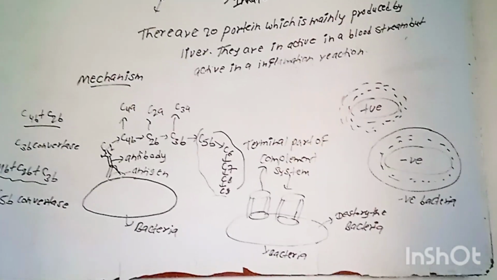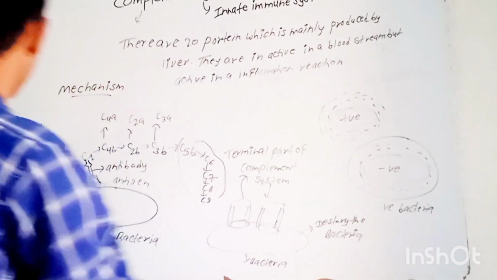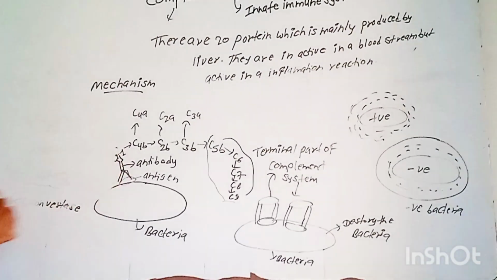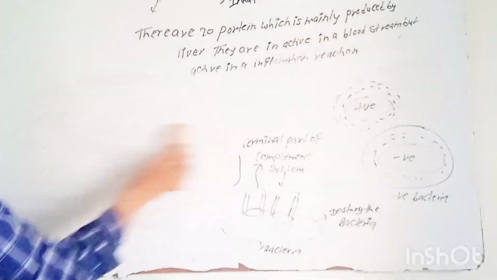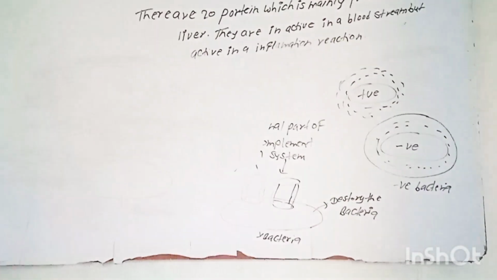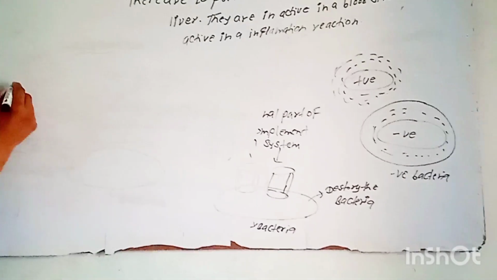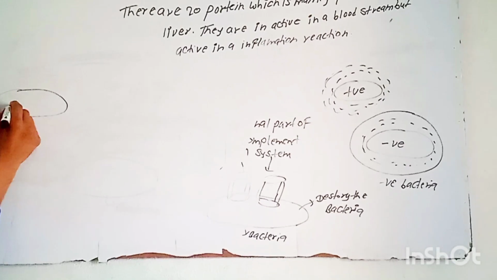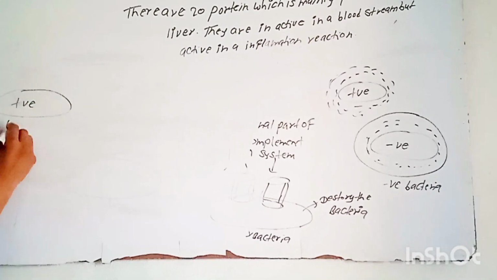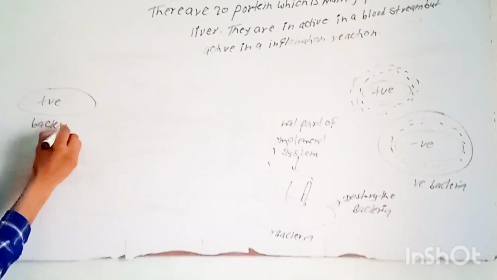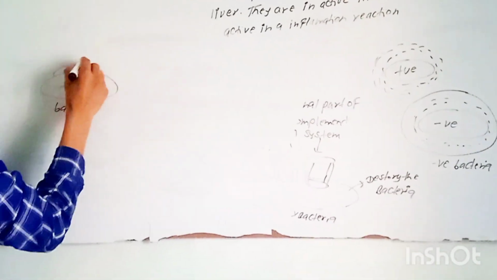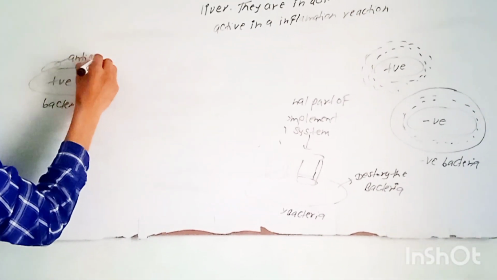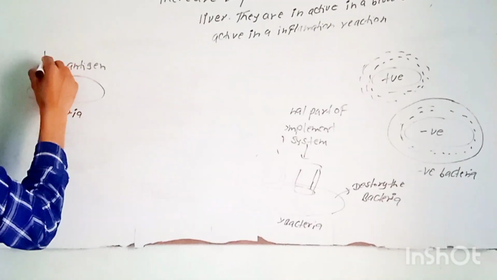Then we'll discuss gram positive bacteria. This is a gram positive bacteria, and here is an antigen.